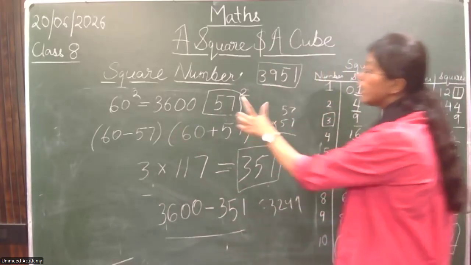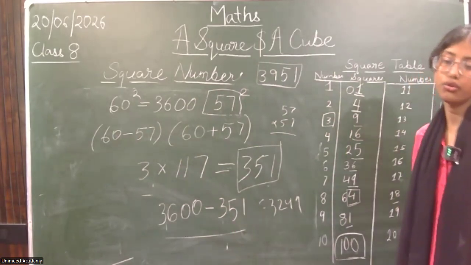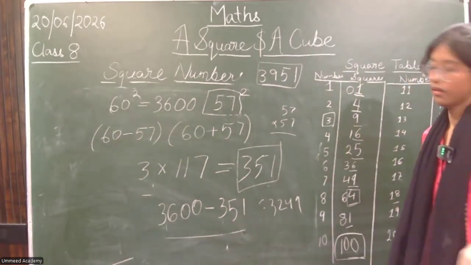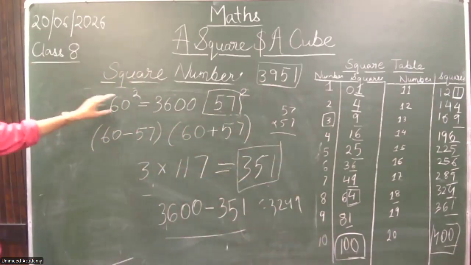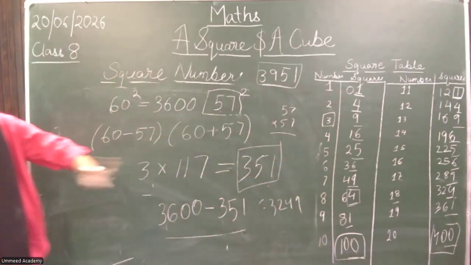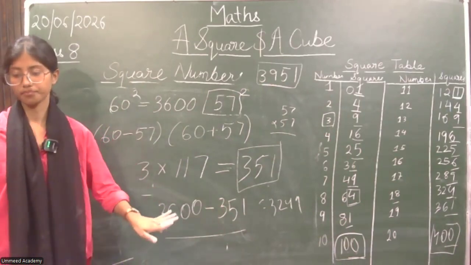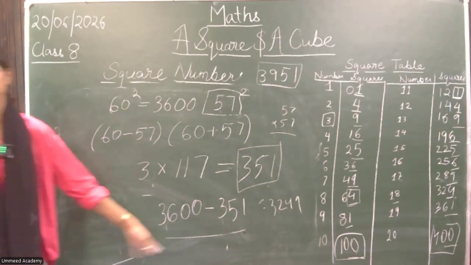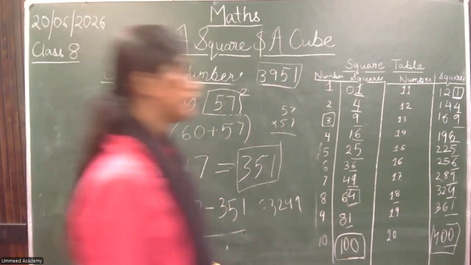But here we are going backwards with the counting, so we will subtract the number. Is it clear to you, beta? Yes, ma'am. Okay, so the moment you see that the square given is of a bigger number but we have to find a smaller number, be very clear that we have to subtract it. Okay, now 3600 minus 351 is 3249 only, so we are getting our answer.